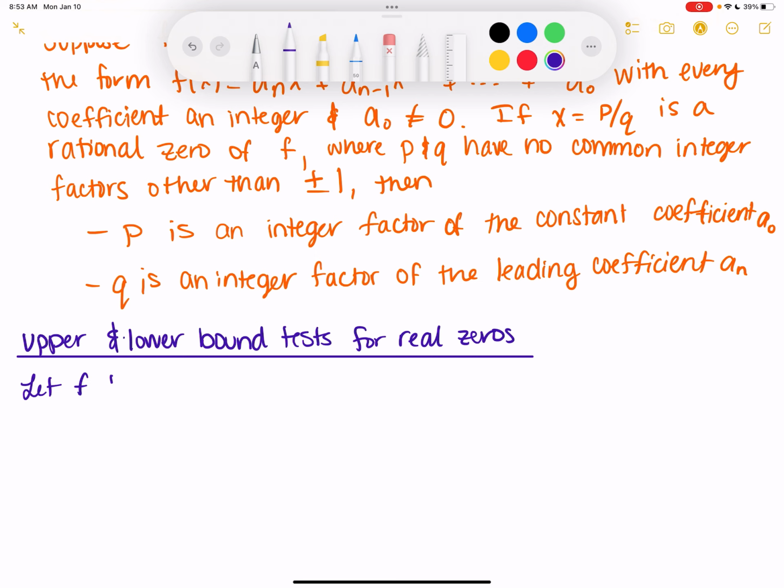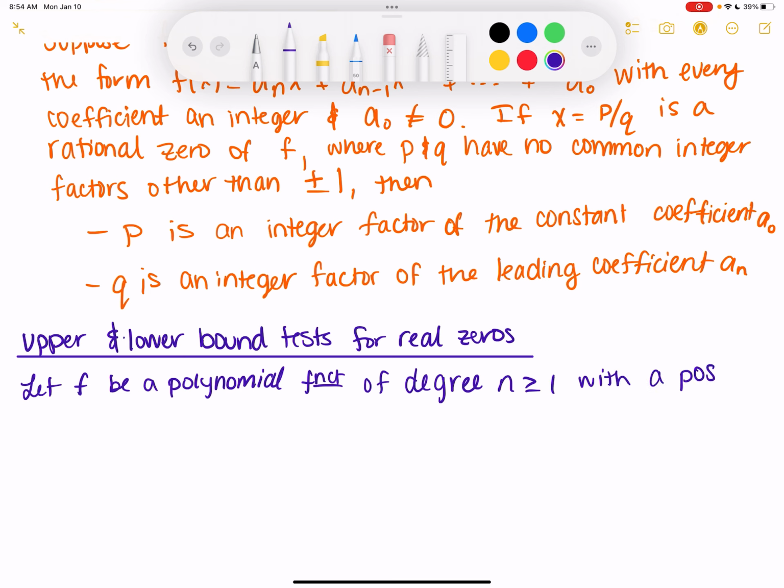Let f be a polynomial function of degree n greater than or equal to 1 with a positive leading coefficient.